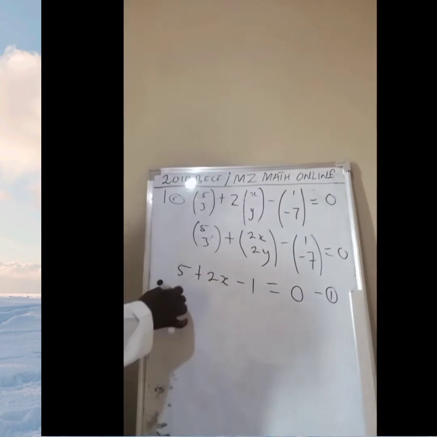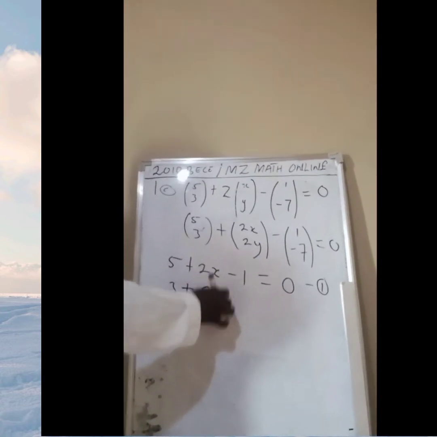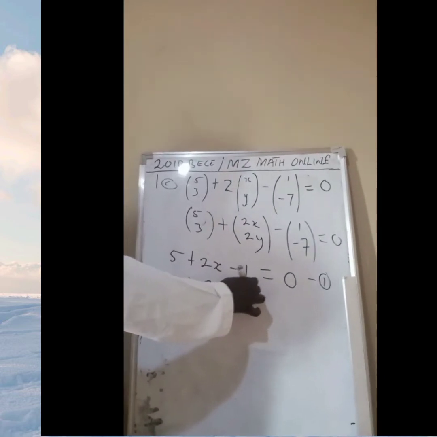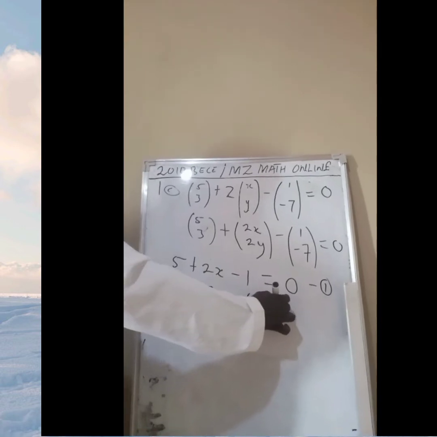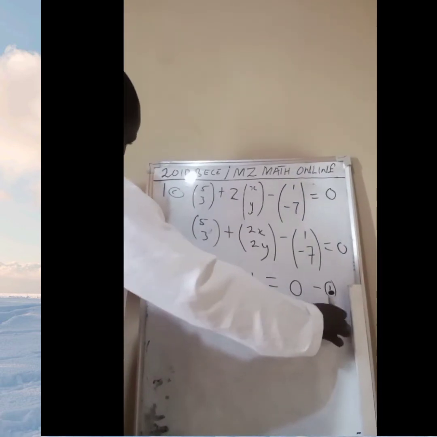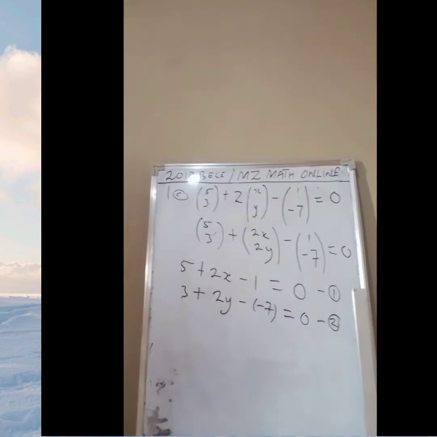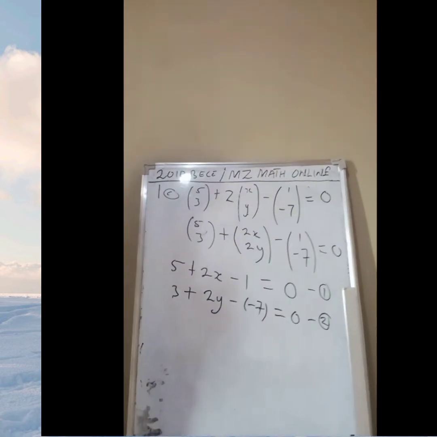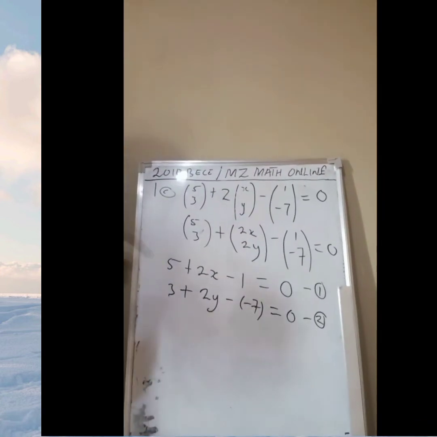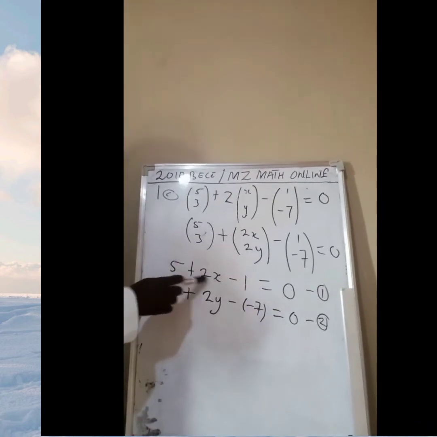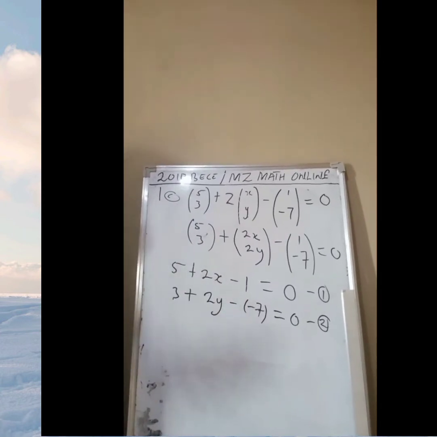And then down one we have 3 plus 2y minus negative 7 is equal to 0. Let's call it equation 2. Now we are going to take equation 1 to find the variable x, because this is the x in that equation. Then we take equation 2 to find the variable y.